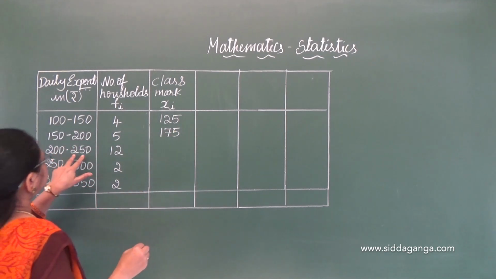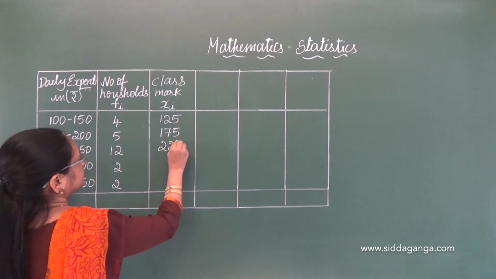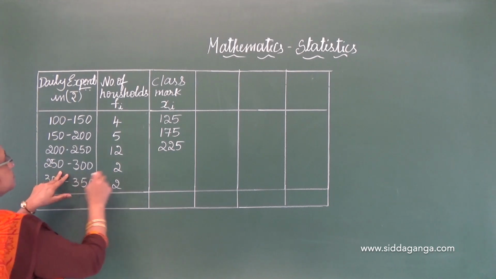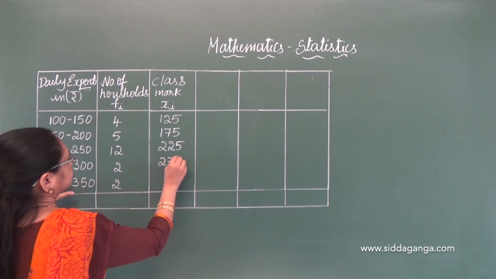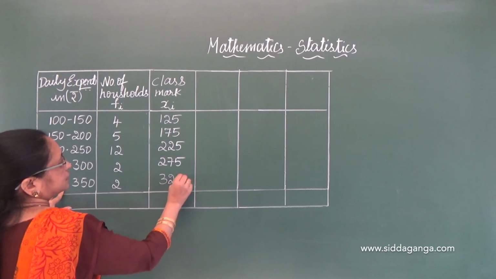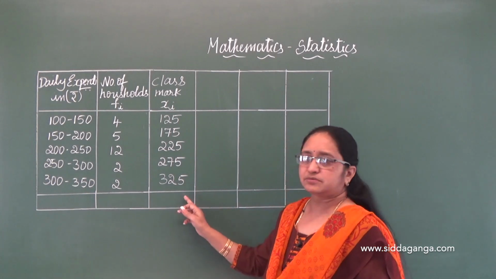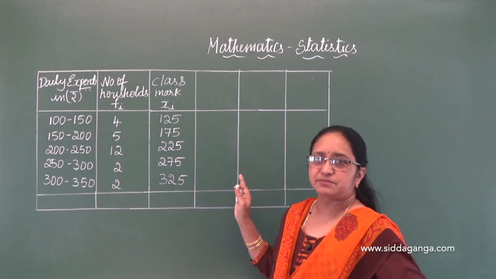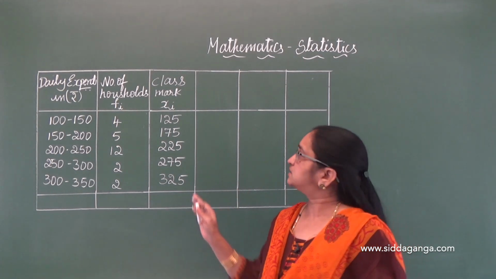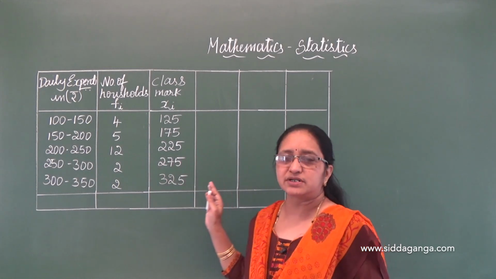Next, 200 plus 250 divided by 2, that is 225, and here 250 plus 300 divided by 2, 275, and here 325. I hope you understood this column. Since this will be the last problem of these three methods, I mean this step deviation method, please follow it carefully. If you have any doubt, you can clarify it when I do this sum.